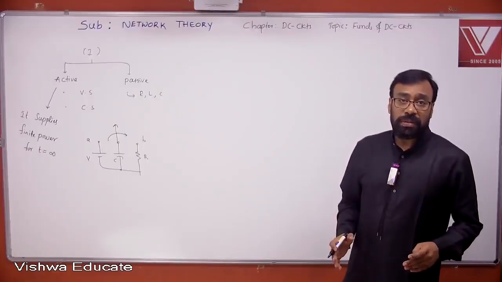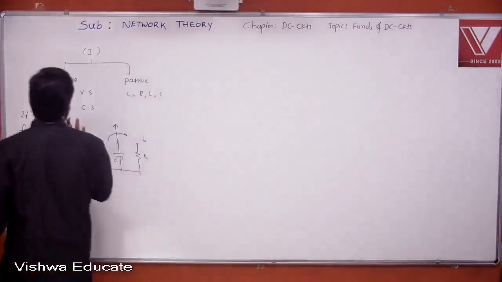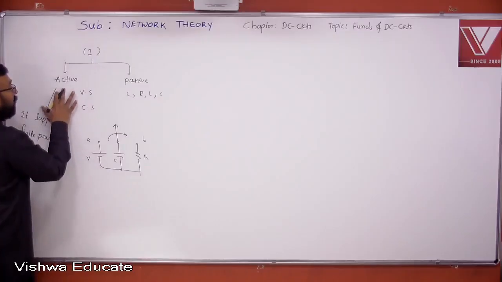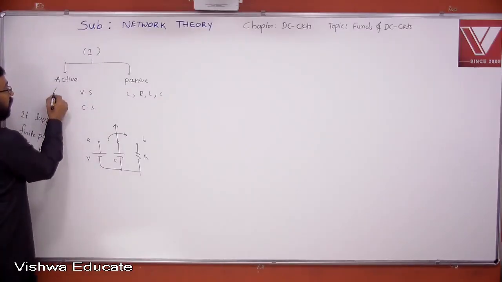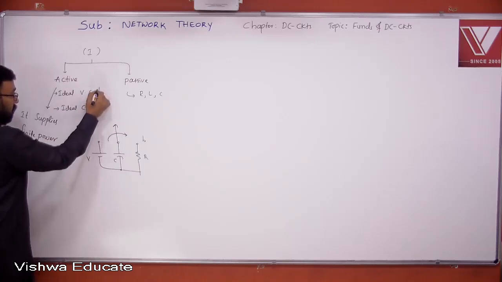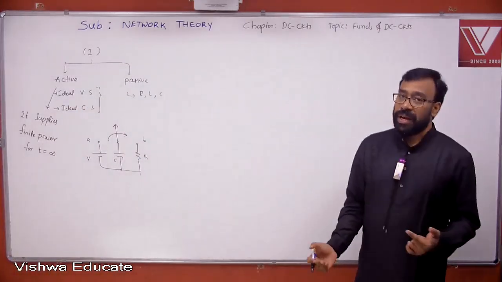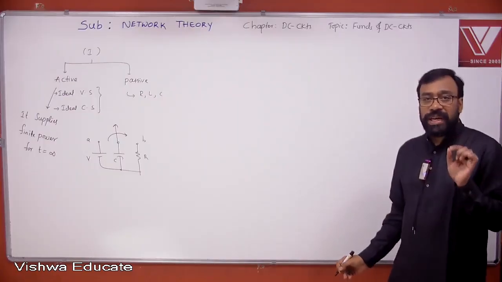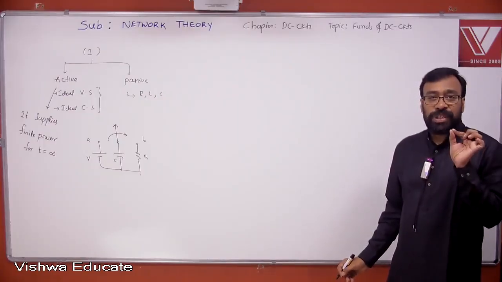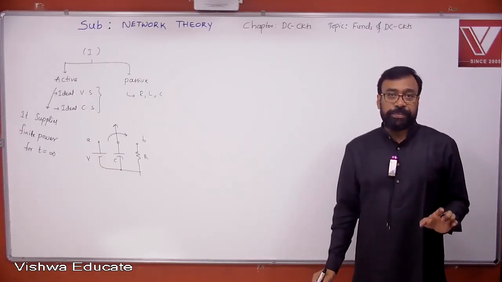Practically it is not possible. Only ideally speaking it is possible. That is why the example for active element is not simply voltage source, it is ideal voltage source and ideal current source. You cannot simply say the voltage source or current source. Again, a controversy may arise. Ideal voltage source and ideal current source are the elements which can supply finite amount of power continuously for infinite time.